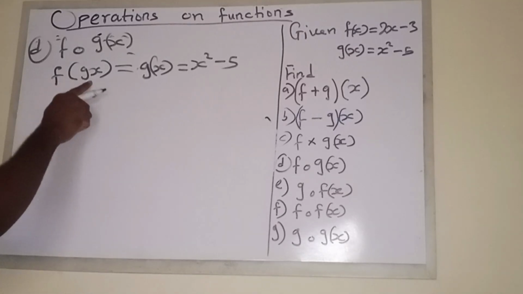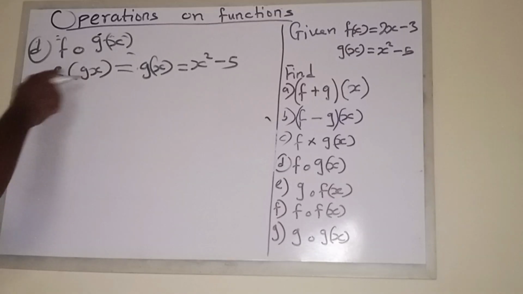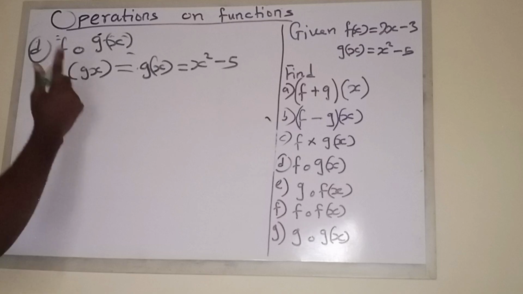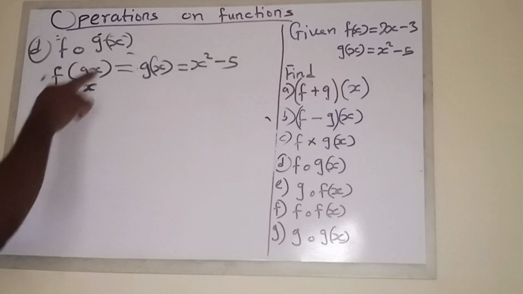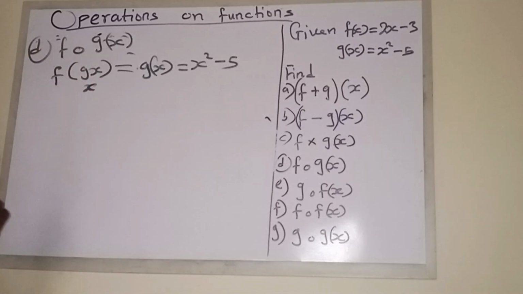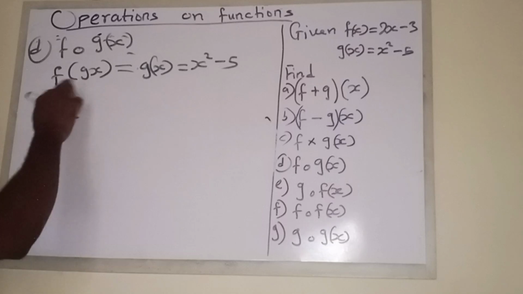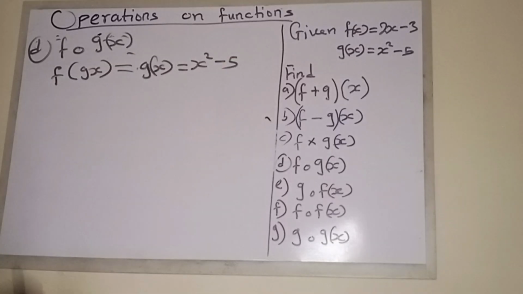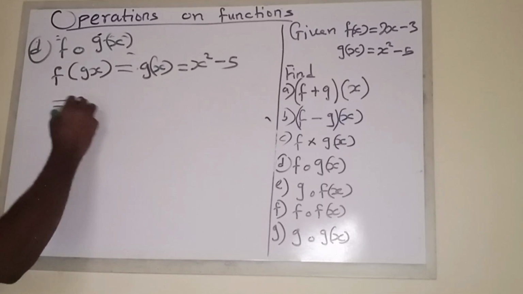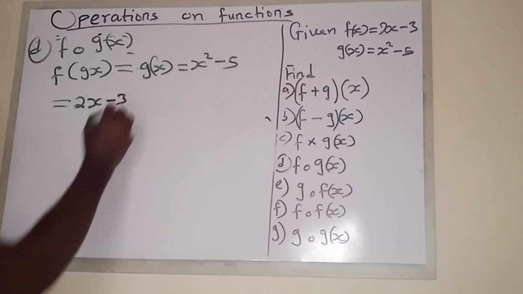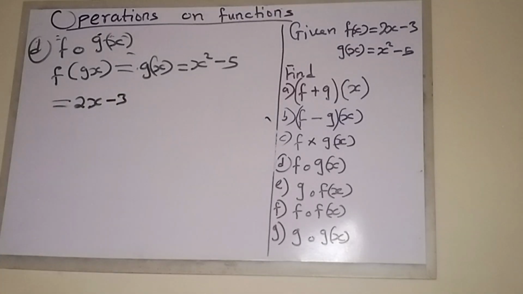Which simply means g of x in this bracket is the same thing as x. So f of x, anything in this g of x represents the x. So our f of x on the board here, we have it as 2x minus 3.